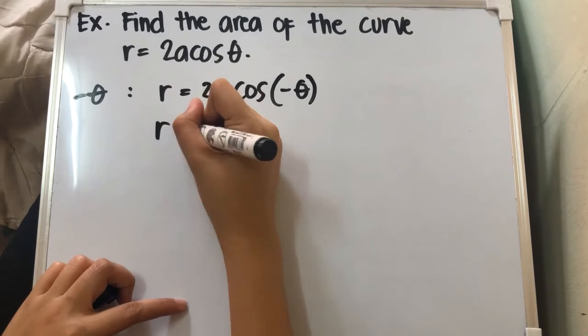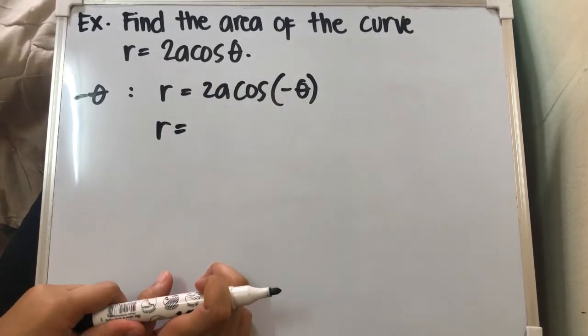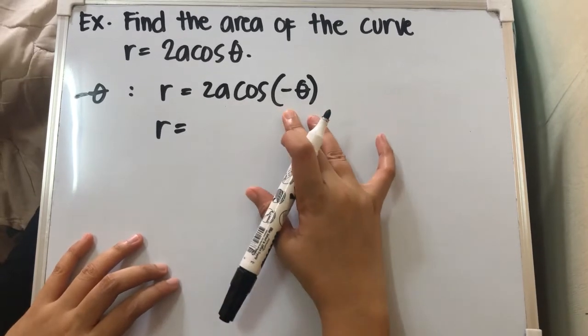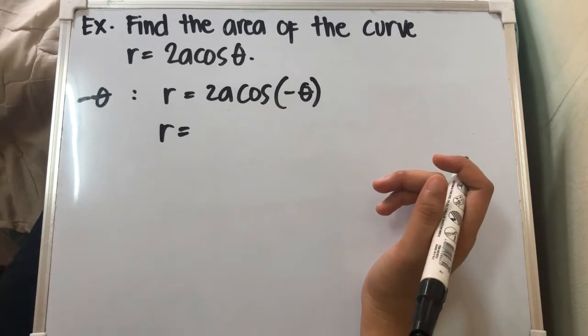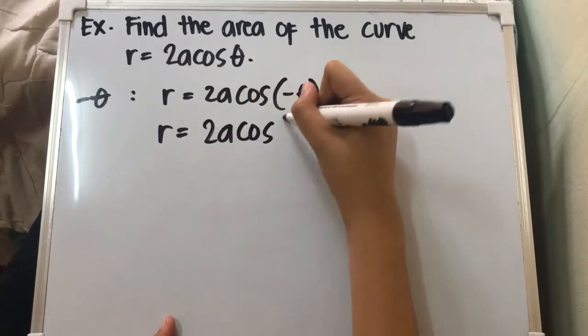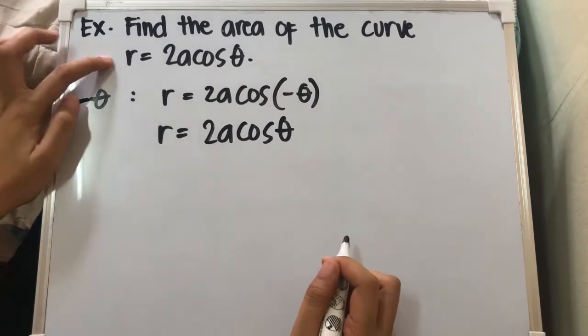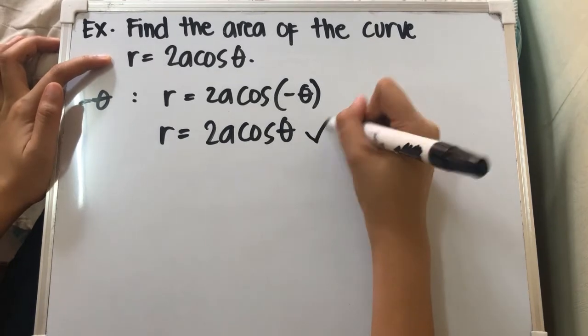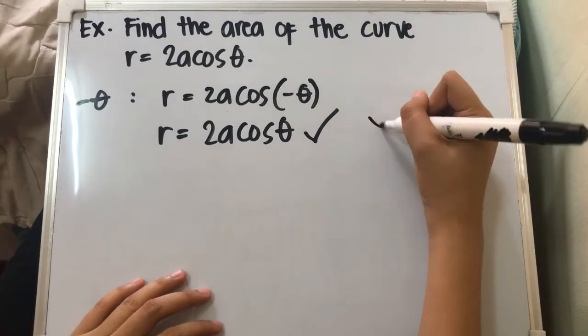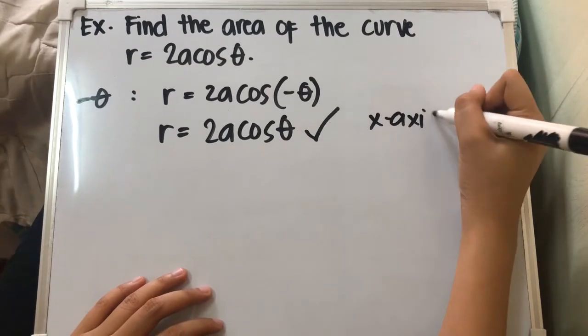As we know from the property of trigonometric functions, cosine of a negative angle still results in a positive value. That being said, it is still equal to our original equation. Meaning our curve is symmetric with respect to the x-axis or the polar axis.